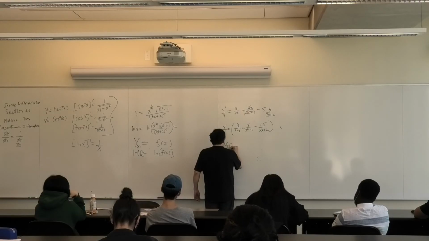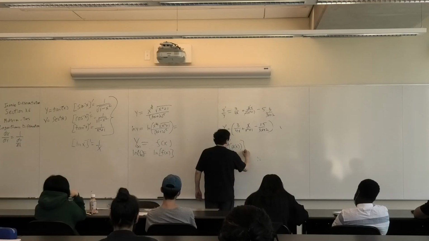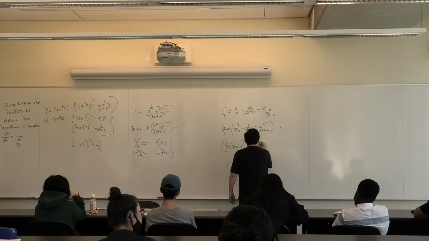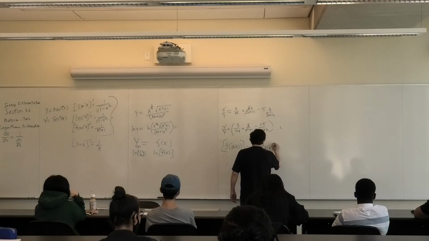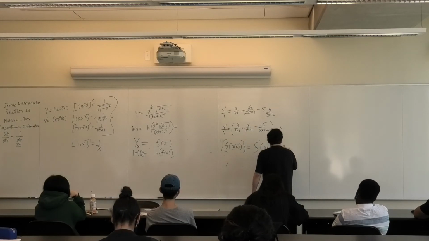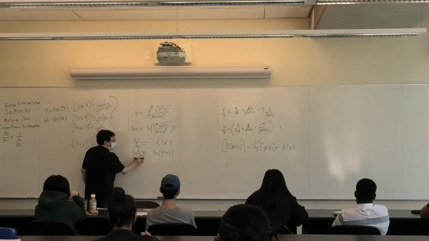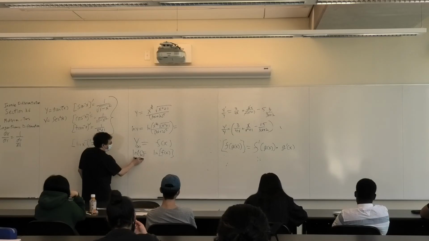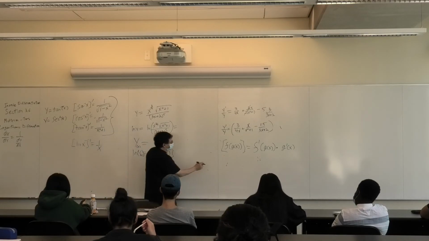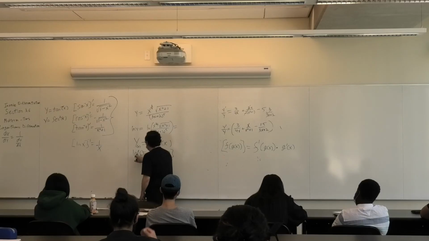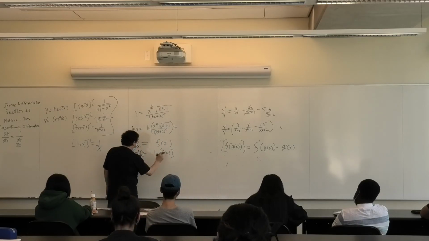The derivative of f of g of x is equal to the derivative of f at g times the derivative of g of x. So we're going to replace this here. F here is the log and g is the y.